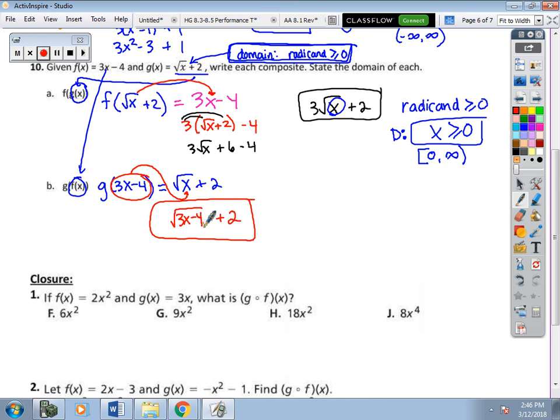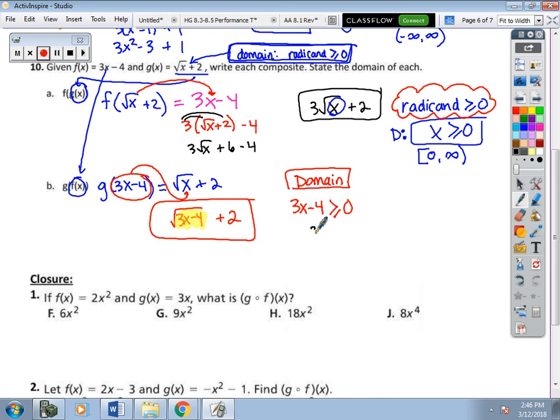Now for the domain, remember what I said up here. The domain is where the radicand has to be greater than or equal to 0. So we look and see what the radicand is. The radicand is our 3x minus 4. So we're going to say 3x minus 4 has to be greater than or equal to 0 for our domain. We have restrictions on the domain, so we have to solve for x.